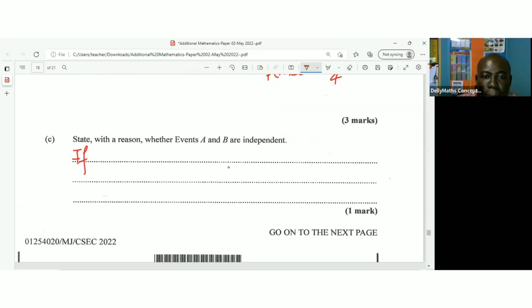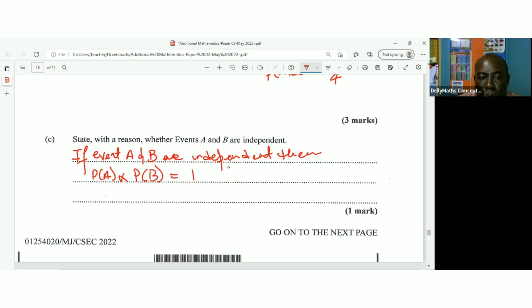If event A and event B are independent, then this should occur: the probability of A times the probability of B should equal the probability of A intersect B.